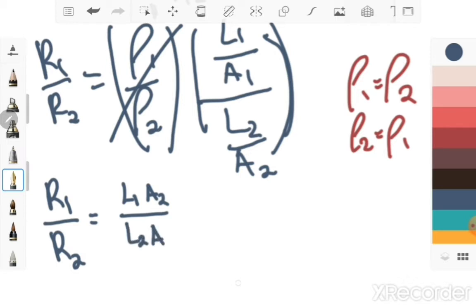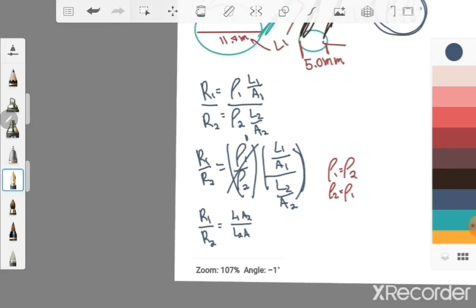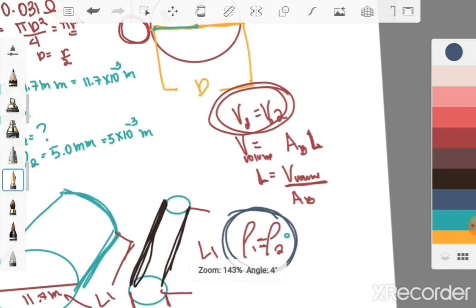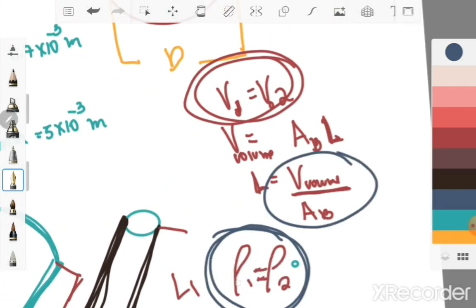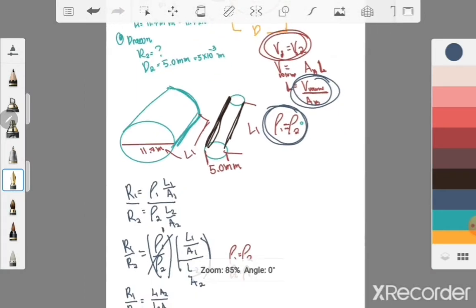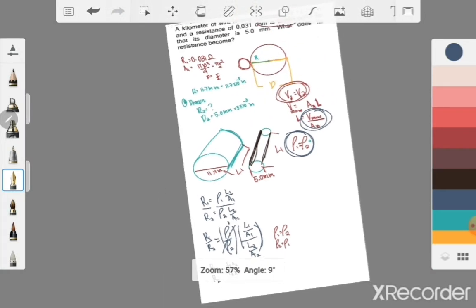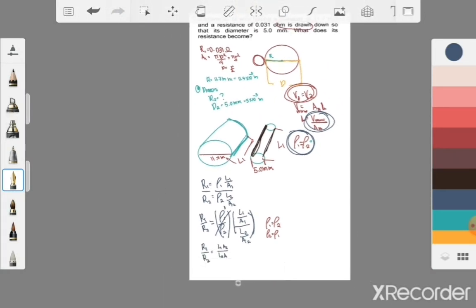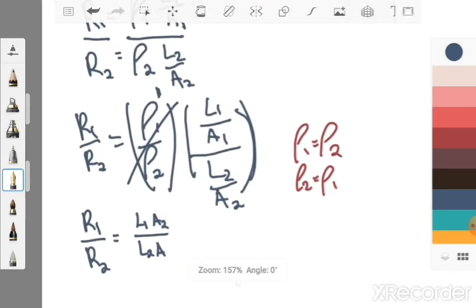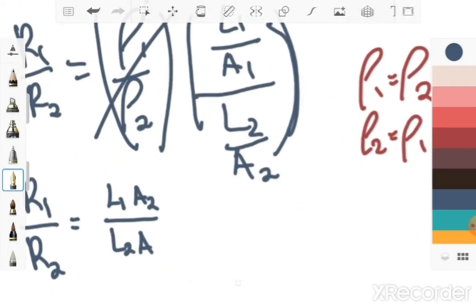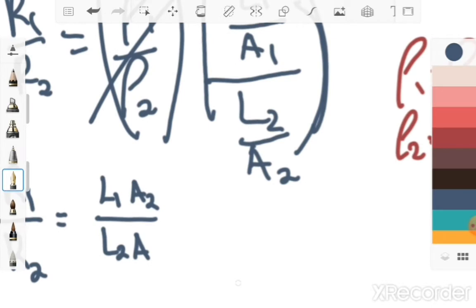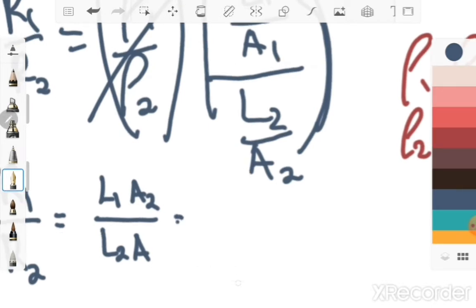But what is our L? We have defined that L is equal to V over the area of the base. Right? That is our L. So since you have defined that L is equal to V over A, or L of the base, therefore I may say that my L1 is equal to V1 over A1 multiplied by A2.